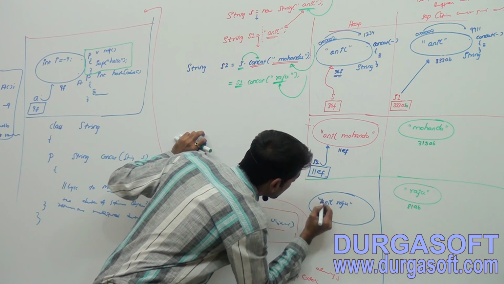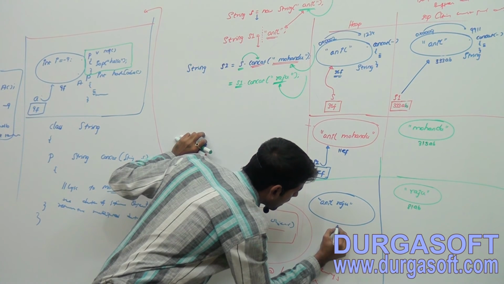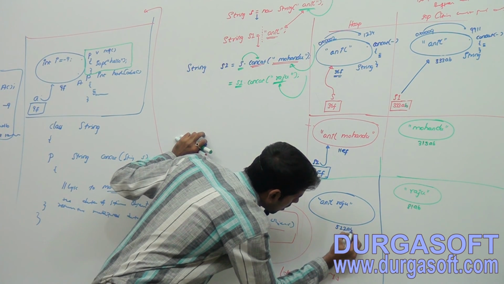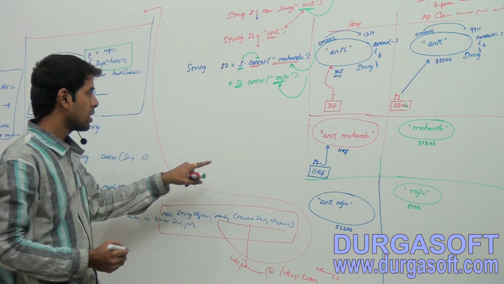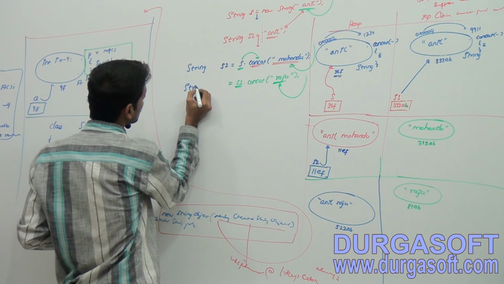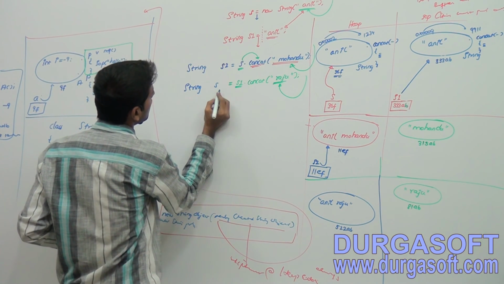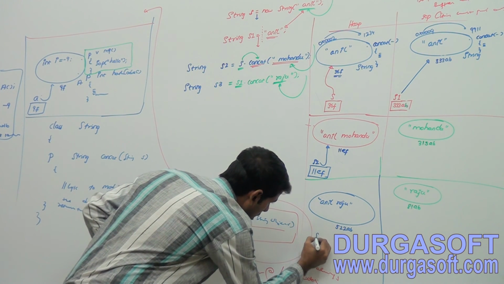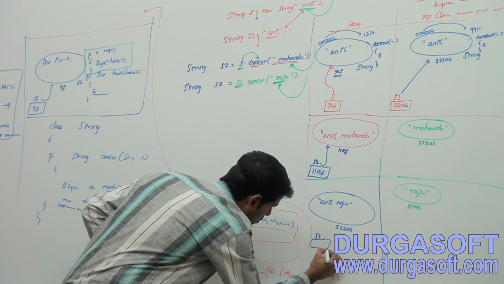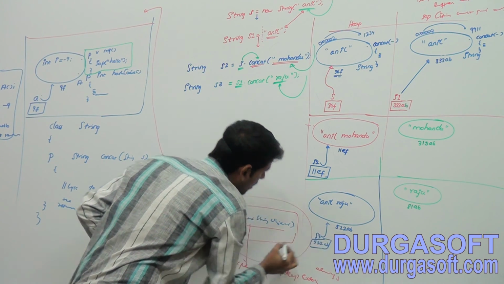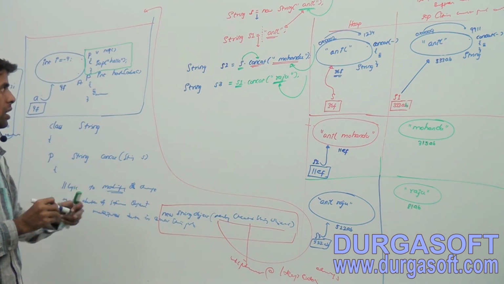This is the new object, and it will have a separate reference value. Now that value I am going to copy into one of the string variables, let it be s3, having the value 522AB.